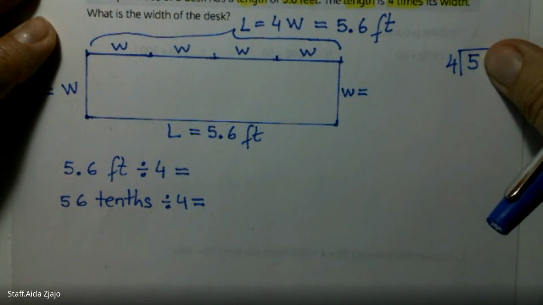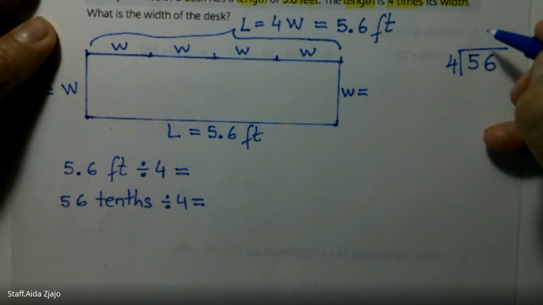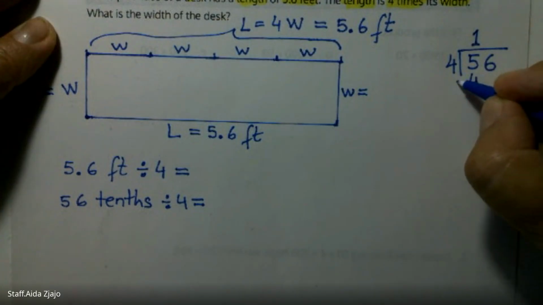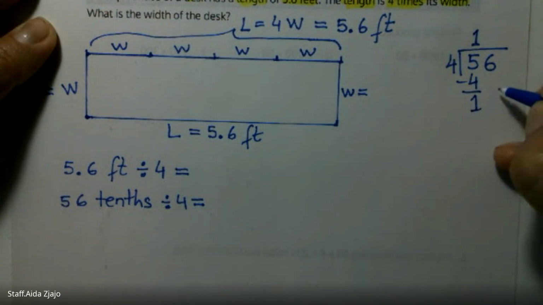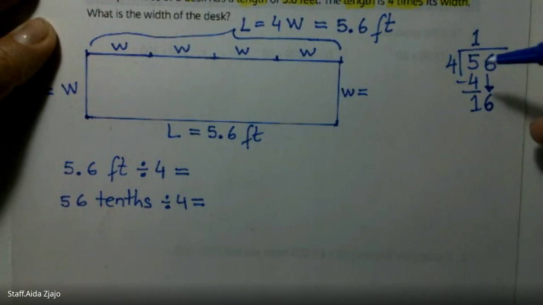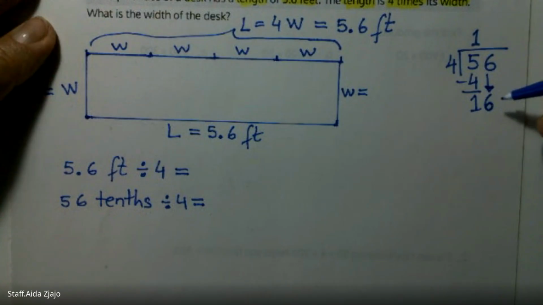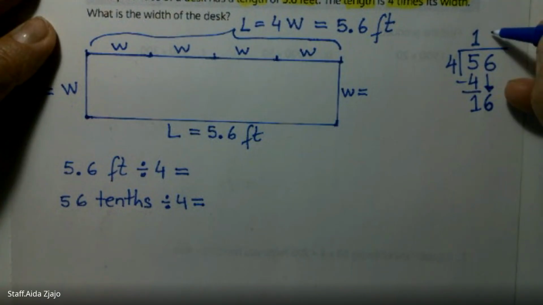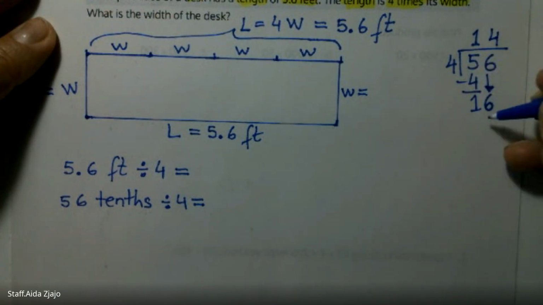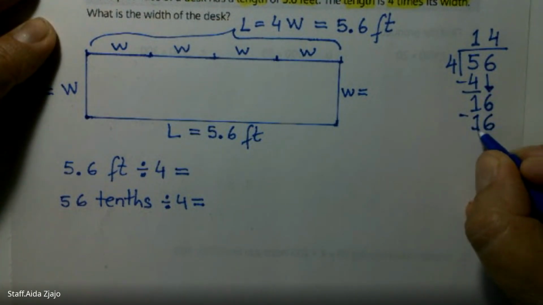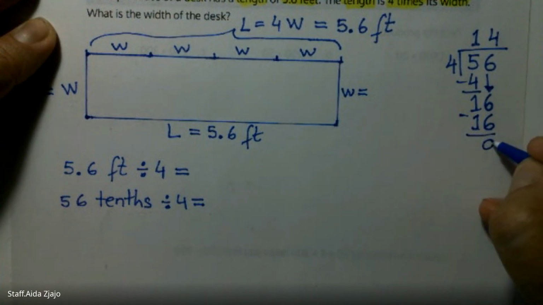If I have 5/10, I can give each group 1/10, and then I will have 1/10 left. Then I will regroup the ones, and I will say, if I have 16, how many can I share into 4 groups? I can do 4. 4 times 4 is 16, and I have nothing left to share. So there is no leftover.